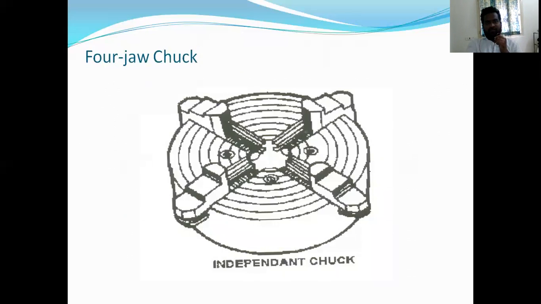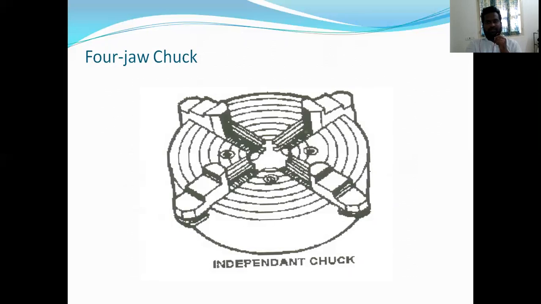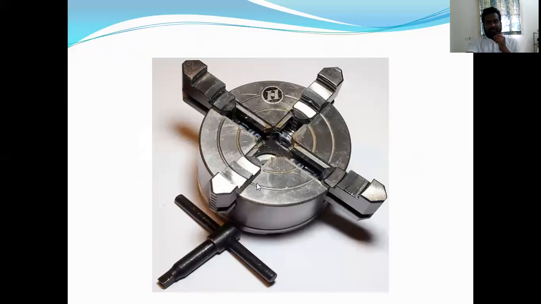The gripping power is more in the 4-jaw chuck when compared to the 3-jaw chuck. The drawback of this chuck is that the setting time is more, because all the jaws are moved independently. So these are the 4 jaws: 1, 2, 3, 4.